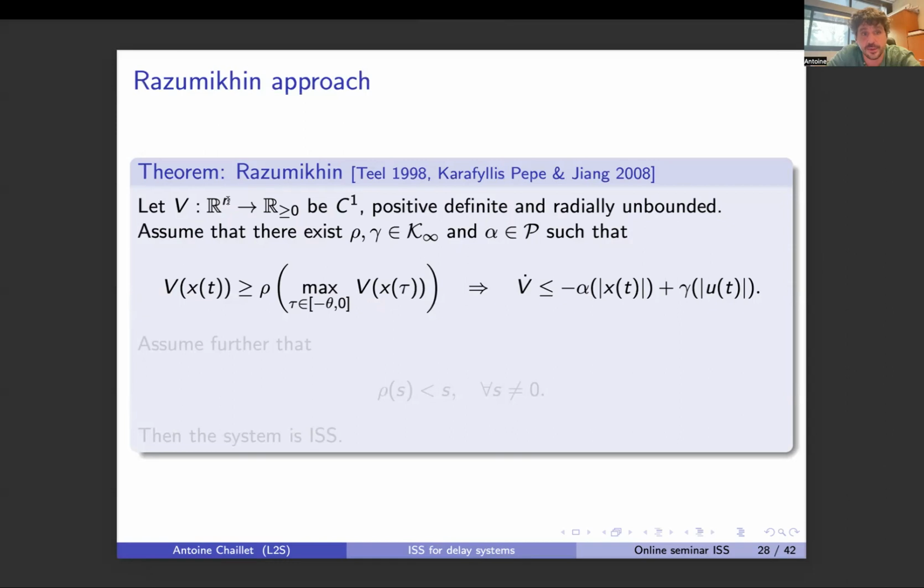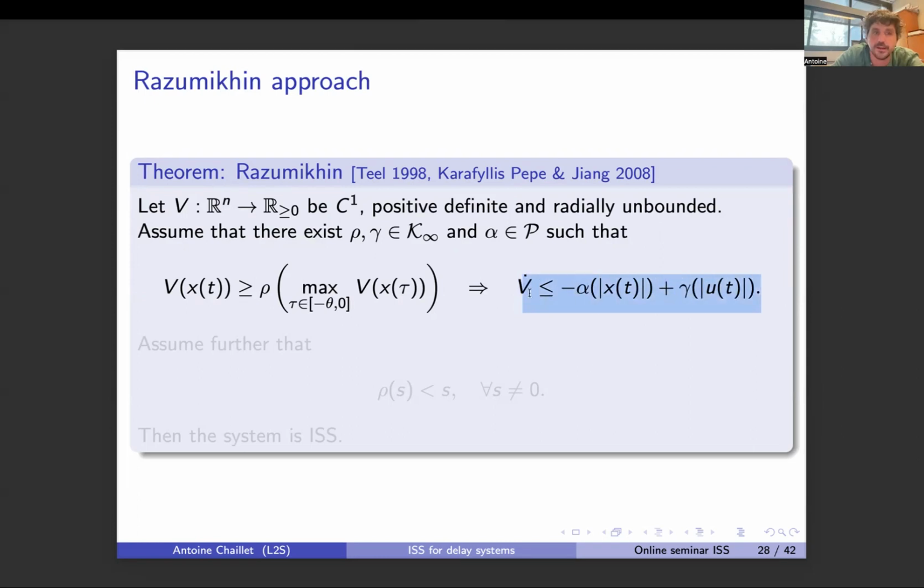You see that V takes values in Rn, not in X. So I assume that V is a Lyapunov function, essentially, and that I have an ISS dissipation whenever V is greater than some function of all the possible values it reaches in the elapsed delay time. Okay, so if V is large compared to the past values, I require an ISS dissipation.